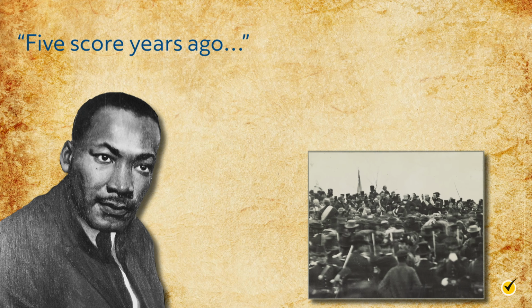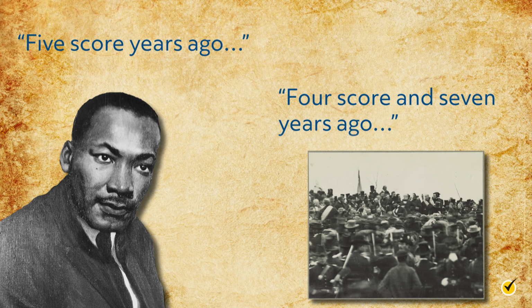Before we get any further, let's look at some specific examples of allusions. Martin Luther King Jr. used the phrase "50 years ago" in his "I Have a Dream" speech. This is a reference to President Lincoln's Gettysburg Address, which originally began "7 years ago." As you can see, King's phrasing is a subtle reference, hence an allusion. By doing this, he was able to accomplish a few things.